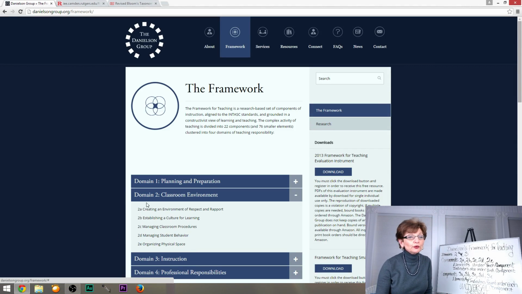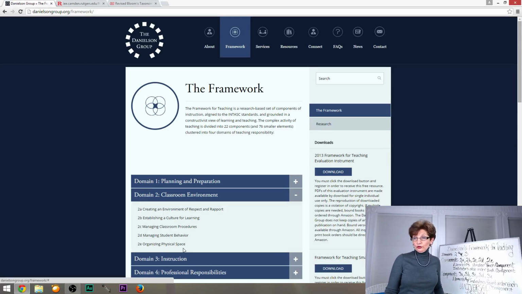Domain 2 is classroom environment: creating an environment of respect and rapport, establishing a culture for learning, managing classroom procedures, managing student behavior, and organizing physical space.